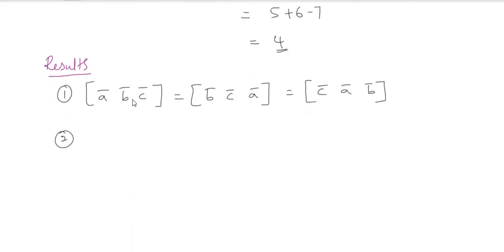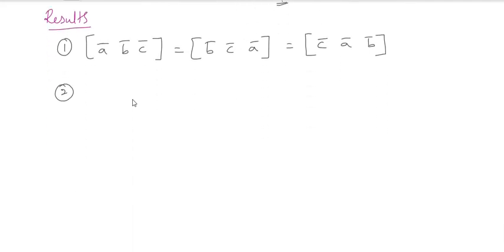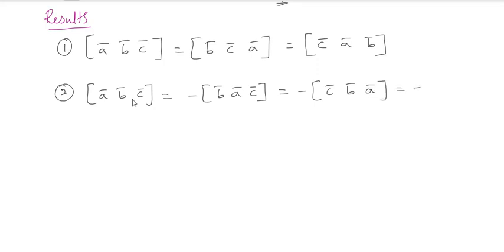Next one will be box of a bar, b bar, c bar equal to minus of box of b bar, a bar, c bar, and similarly minus of c bar, b bar, a bar, which is equivalent to minus of a bar, c bar, b bar.